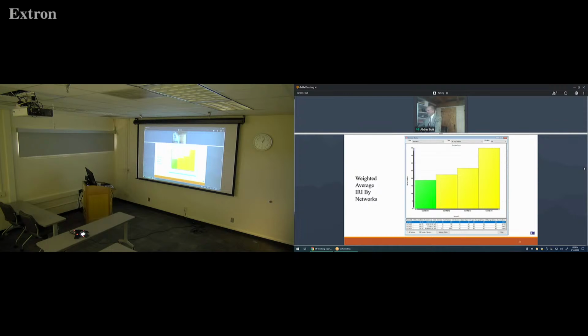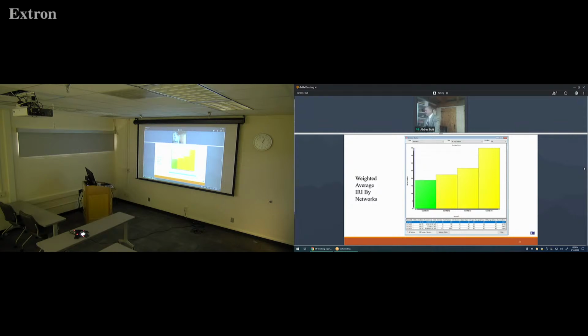And that shows with the collector, which are state assigned route number or US route number, they get better maintenance, they get more funding, and the performance level is better there for those streets. But these are average IRI values.